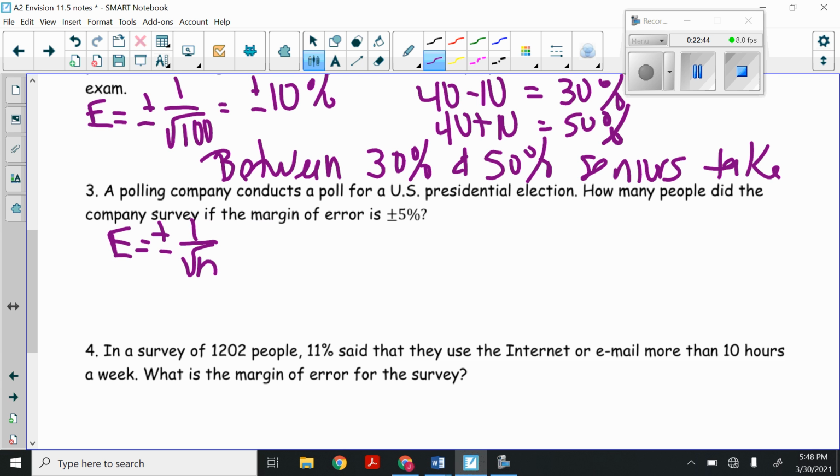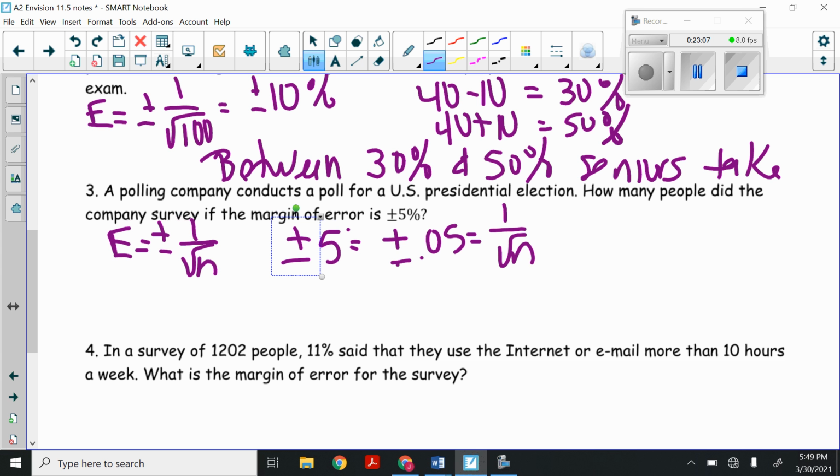So in this one, we're looking for the n, the sample size. They told me that my margin of error, the E, was plus or minus 5%, which is plus or minus 0.05 equals 1 over the square root of n.